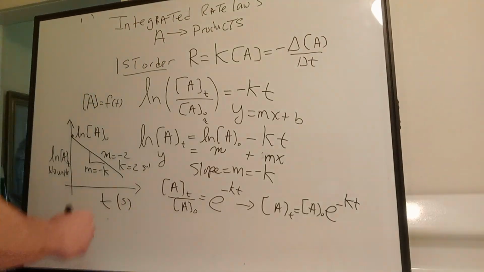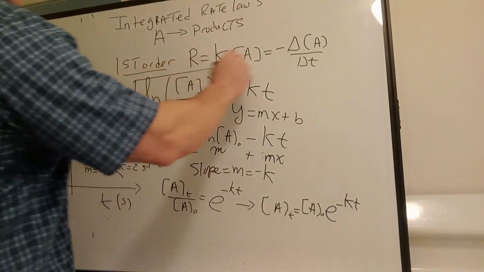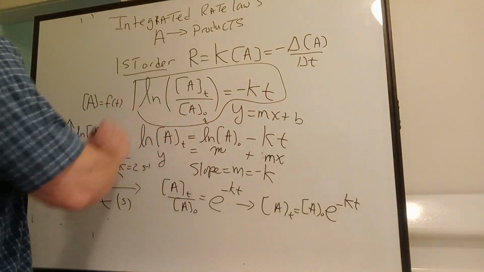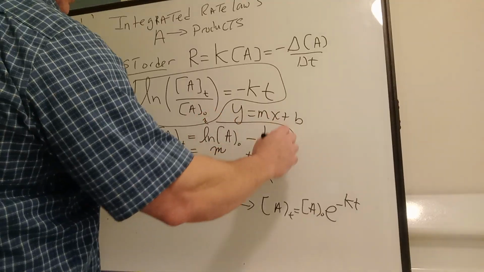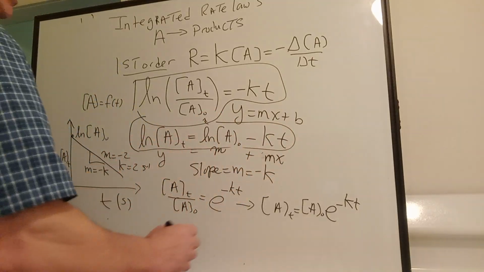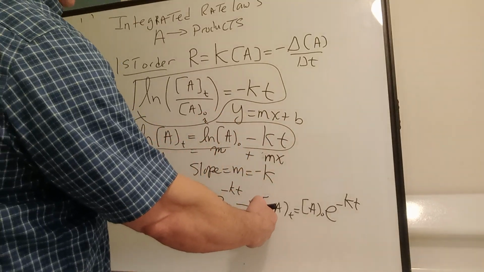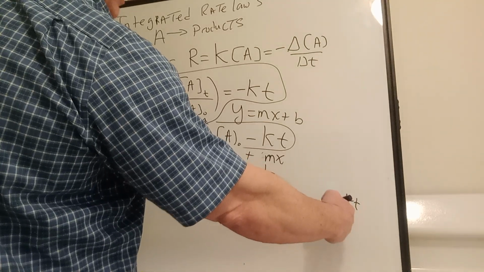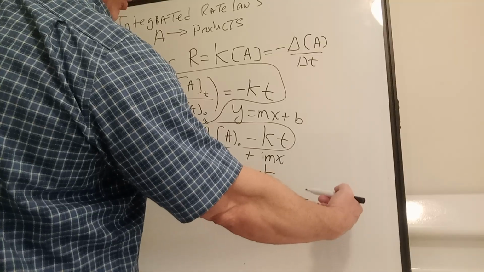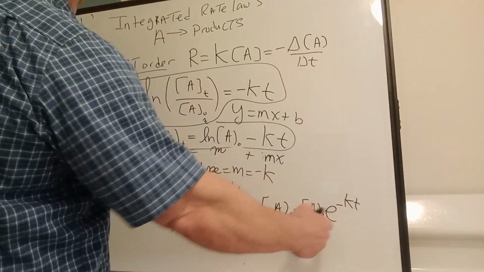So I would say the three forms of this equation that are useful are these. If you want to plot it as a line, you can use it in this form here. And sometimes if you want to know what the concentration of A is, you have the initial concentration given, you know how long it is, and you have the rate constant given, or you can figure it out, this is convenient to use as well.